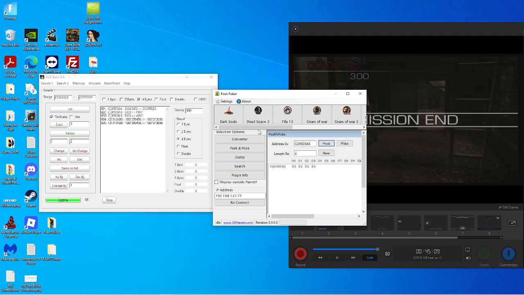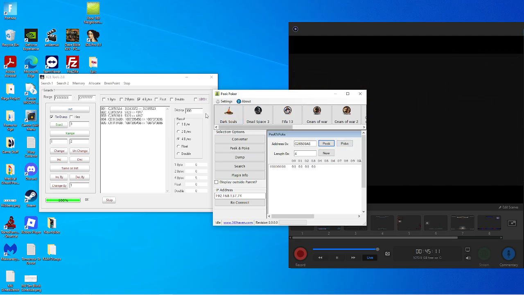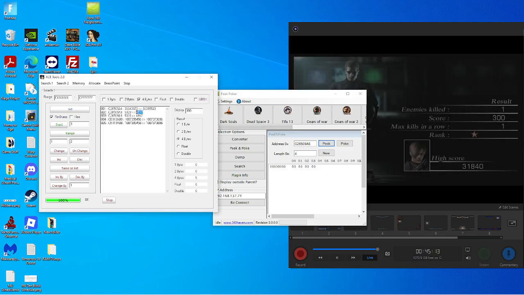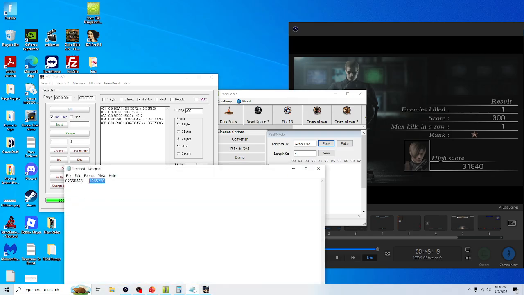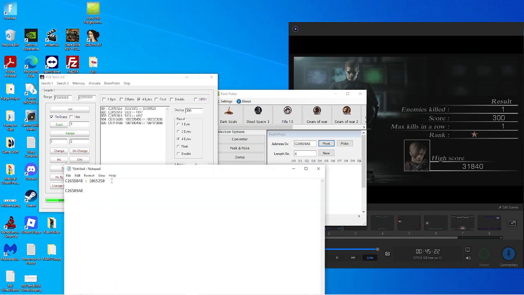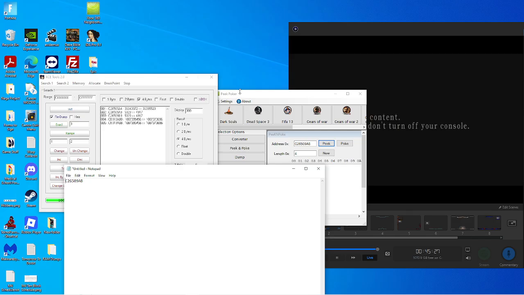That did. So this right here is going to be where our timer address is. And the reason that it ended the game is this was a countdown timer. The second it hits 0, it calls a game over.